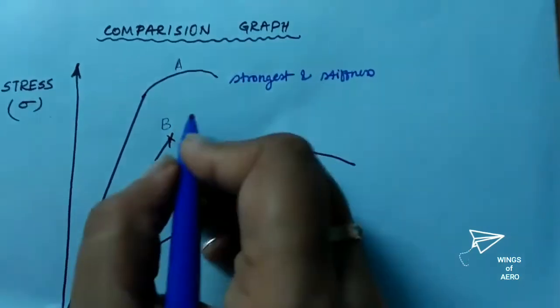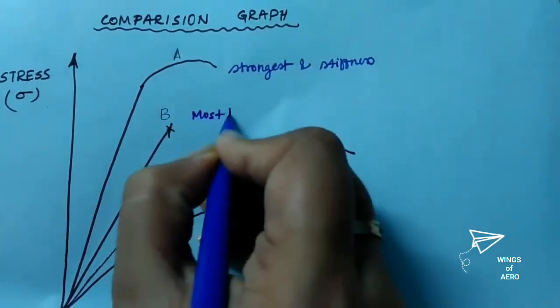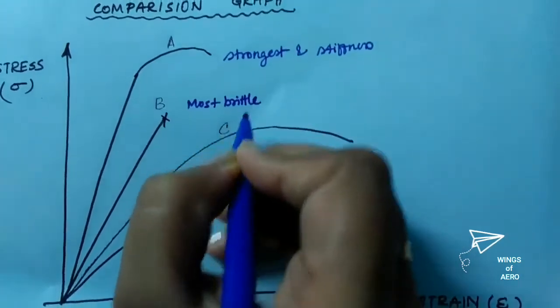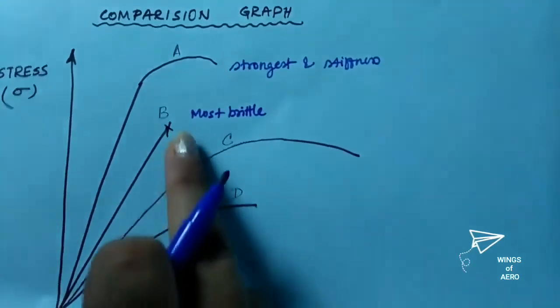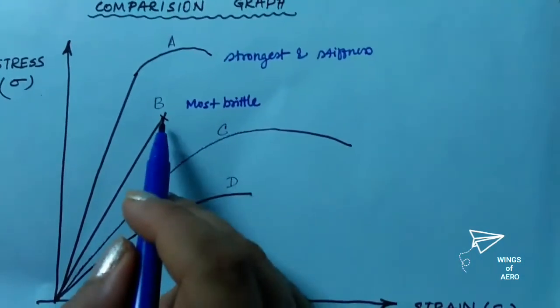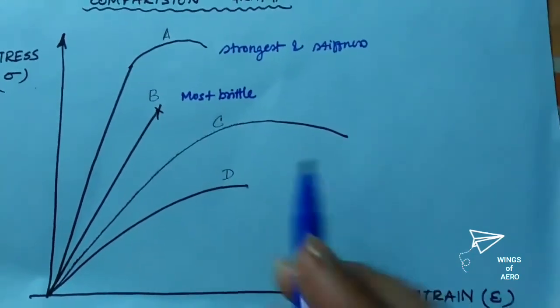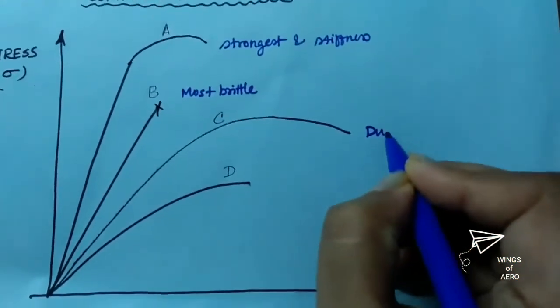Curve B represents the most brittle, because it ruptures directly here. Curve C says it is mostly ductile in nature.